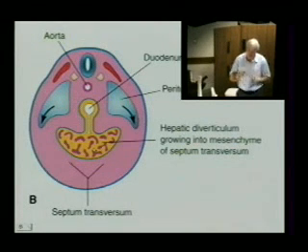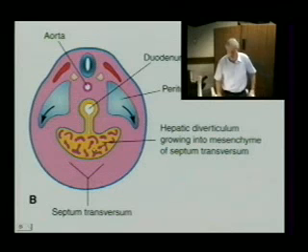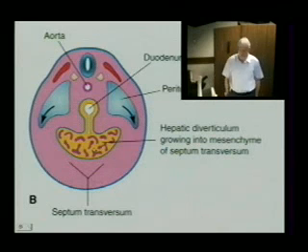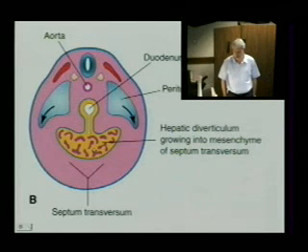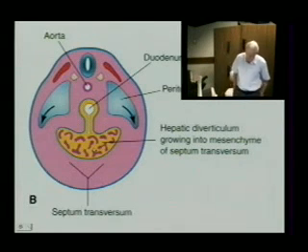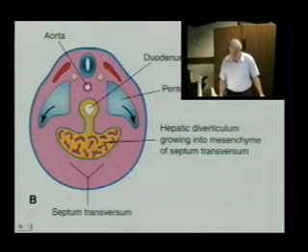And we know that there's a very specialized two-dimensional and three-dimensional organization of the hepatocytes with reference to the vasculature and the biliary duct system.